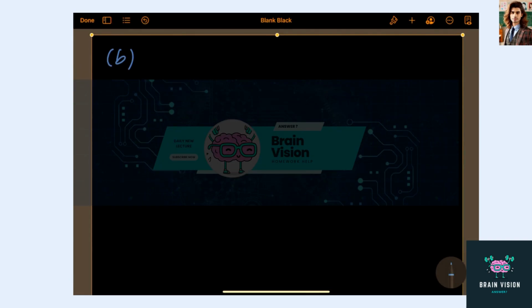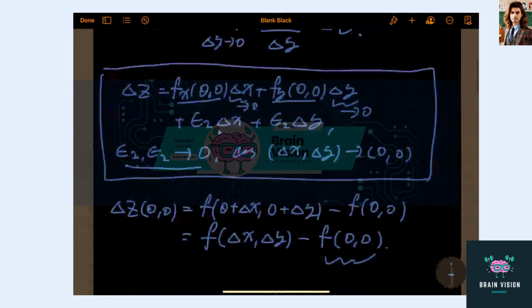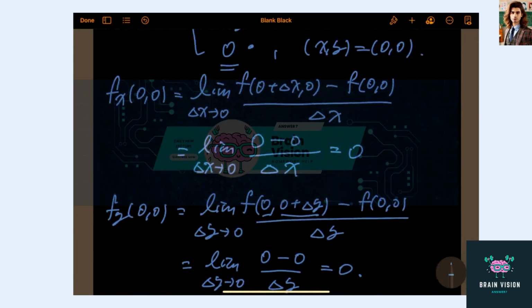We need to explain why f sub x and f sub y are not continuous at 0, 0. I'm going to first do why f sub x is not continuous at 0, 0. As we found in A, f sub x at 0, 0 is equal to 0.